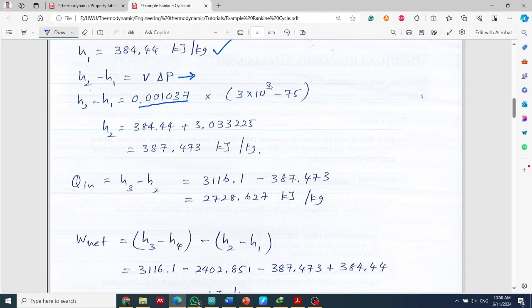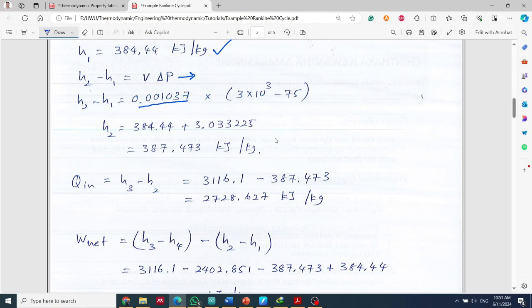Therefore 3 into 10 to the power 3 and 75, so we have converted everything to kilopascal. Therefore we can calculate this. Then H1 is known, so we can find H2 by substituting the H1 value from here. Then we can find the H2 value, 387.437 kilojoule per kilogram.